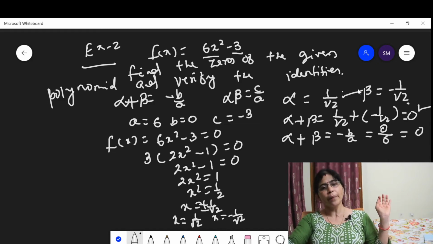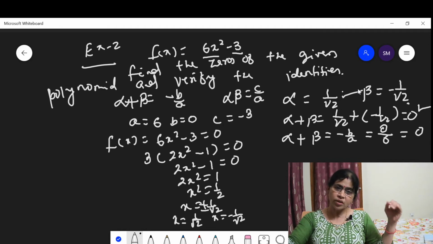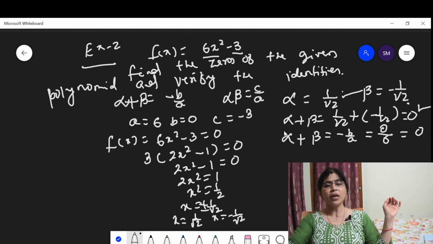This means the coefficient of x is 0, because here f(x) is given as 6x square minus 3. Here the x term is not present. This shows that the coefficient of x is 0 here. Then b is 0, and alpha plus beta is minus b upon a, 0 upon 6, which is equal to 0.